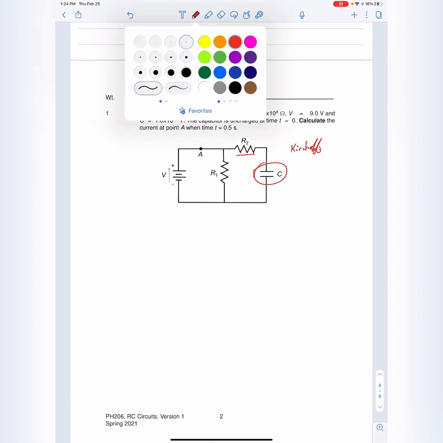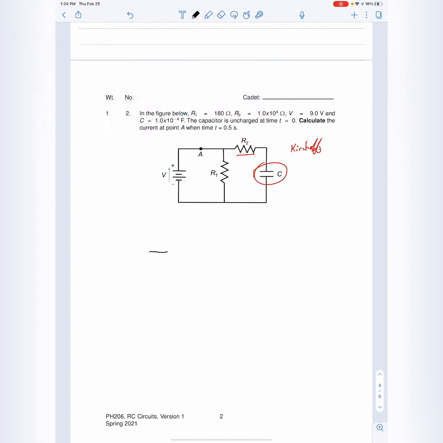Now, if you had an example like this, where you have a series, a resistor here, resistor 1, resistor 2, and then you had capacitors in parallel right here, then that would mean that the equivalent for resistors is R1 plus R2.